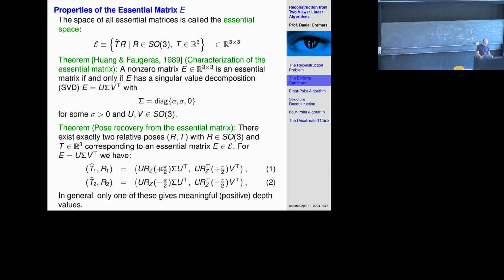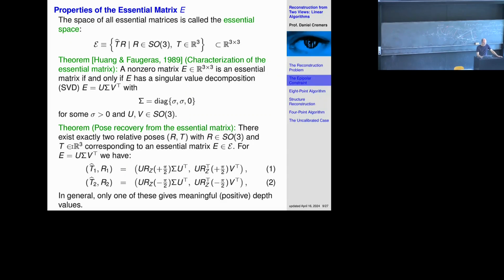You take these matrices and build this product for the T hat matrix and for the rotation matrix, where RZ is a rotation around the z-axis by plus pi half, so a 90-degree rotation around the z-axis, and here as well. And here a rotation around the z-axis by minus 90 degrees, and here the same, transposed. So this is fairly straightforward to compute.